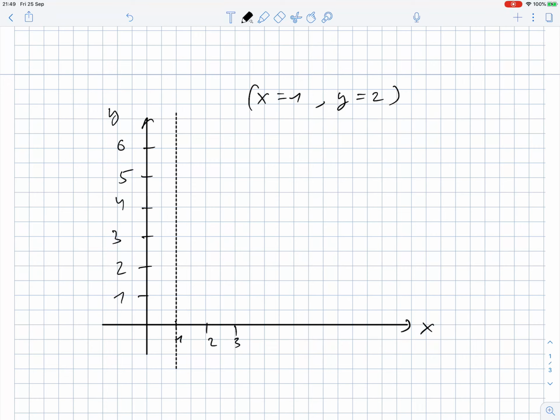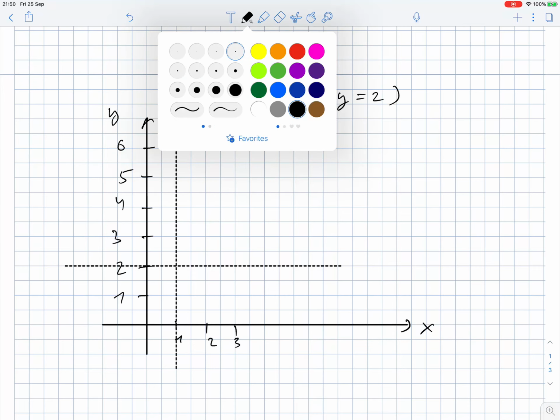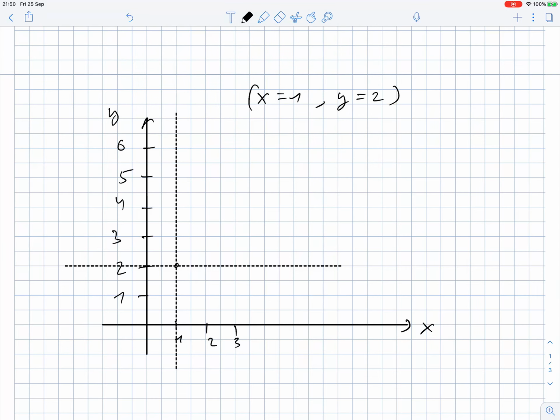The same goes for y equals 2, which is here. We will draw a perpendicular straight line that goes through this point y equals 2, and this crossover point, where x equals 1, y equals 2, is called the coordinate of this point.